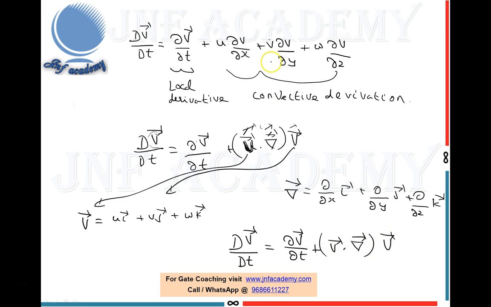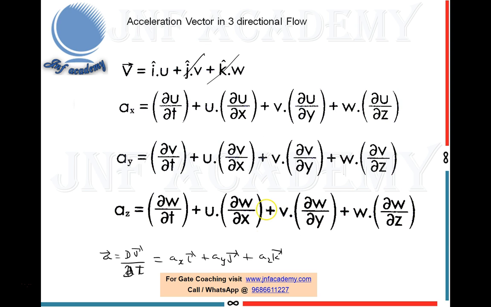I have converted this into vector form because we have three vectors. If you substitute the V vector to be u i vector plus v j vector plus w k vector, you will get three different equations: acceleration in x direction, acceleration in y direction, acceleration in z direction. Okay, with this understanding, now let's get into the problem.